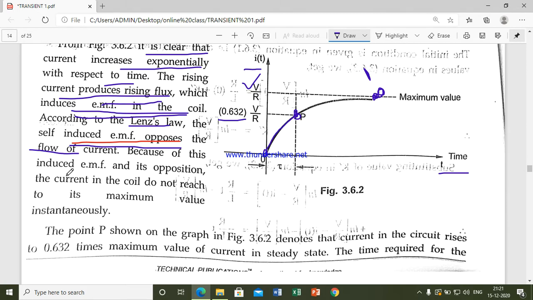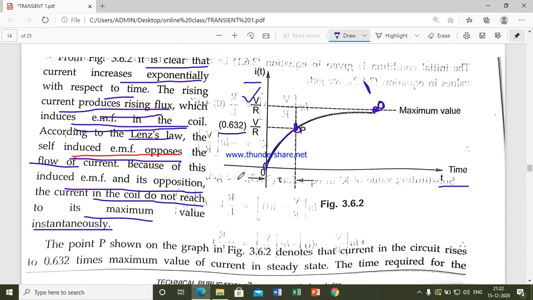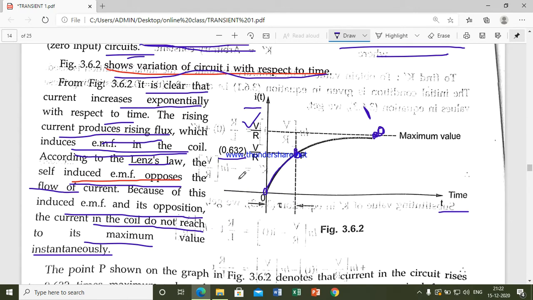Because of this induced EMF and its opposition, current in the coil does not reach its maximum value instantaneously. So your current I of t will not increase to the maximum value immediately. What is that maximum value? We have considered 1. It will not reach the maximum value 1 immediately. It will take some time to reach this maximum value.